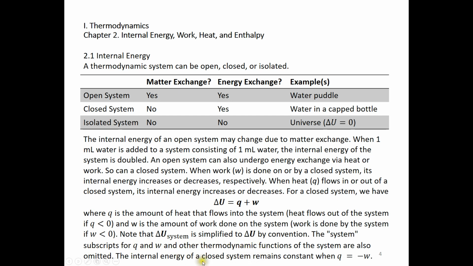Finally, I want to say this: if you have a closed system, its internal energy can also remain constant. If by coincidence Q is equal to negative W, we plug in Q is equal to negative W here, delta U is just 0, only because Q and W cancel.